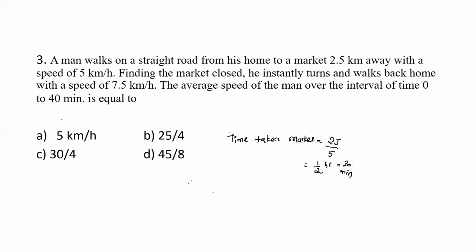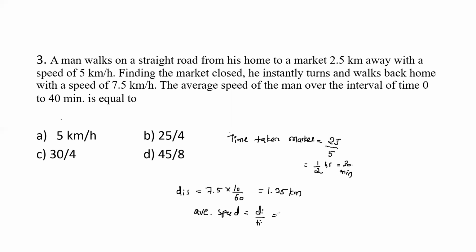So the distance traveled in the remaining 10 minutes is given by speed into time, 7.5 into time, and the distance traveled is 1.25 kilometer. Therefore, average speed is equal to distance traveled divided by time taken.